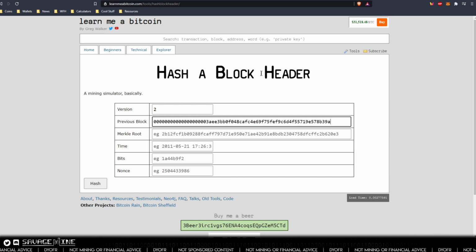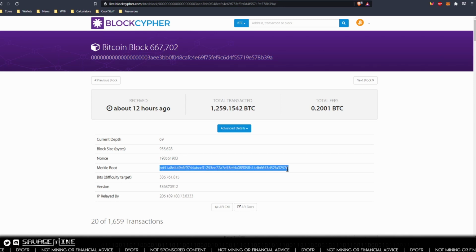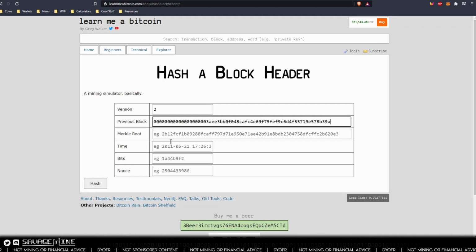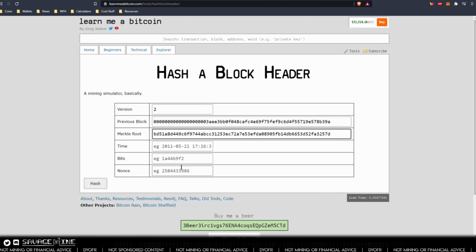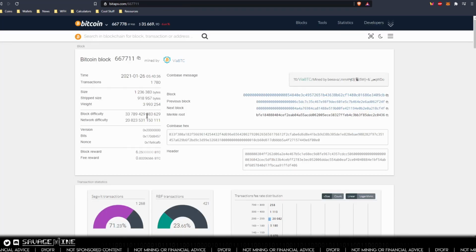That's what the Merkle root is. So we're going to grab that from over here just so that we get the right number of characters and all that stuff. Just a simple way of doing it. Copying and pasting here. The time, the format looks like that. We can grab that from over here too, I believe. Right here is a good example. It doesn't really matter because we're just trying to simulate the hashing functions of what happens.